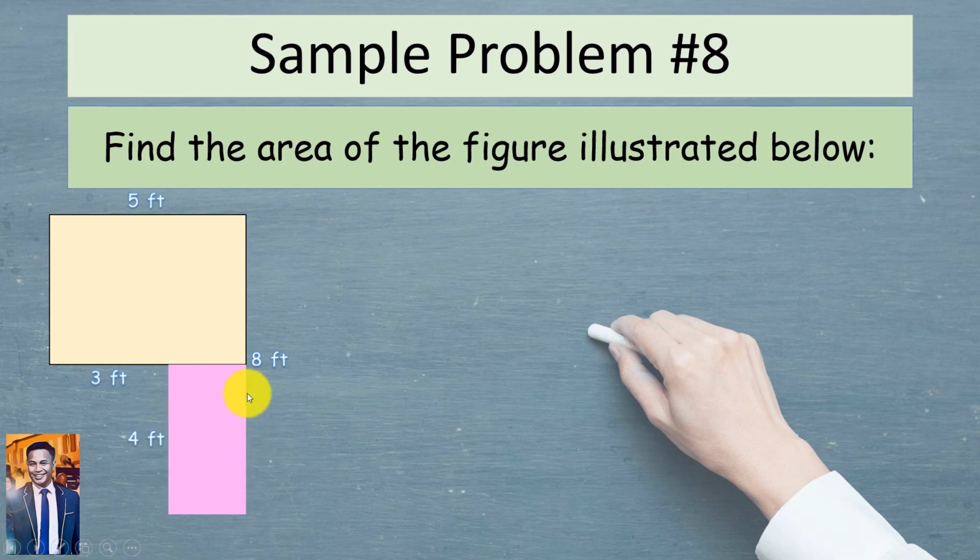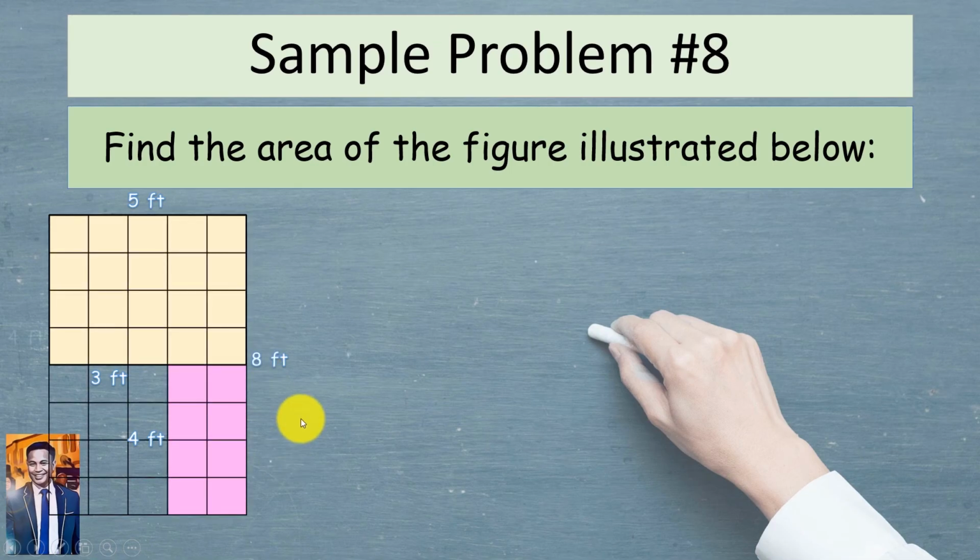So kung itong part na ito is equal to 4 feet, therefore, we can subtract 8 minus 4 to get this. So 8 minus 4, that is equal to, okay, pansinin natin, 4 feet. Yan. 4 ito, so parehas lang siya dito sa kabila. 4 feet.